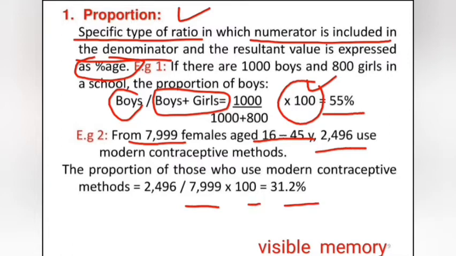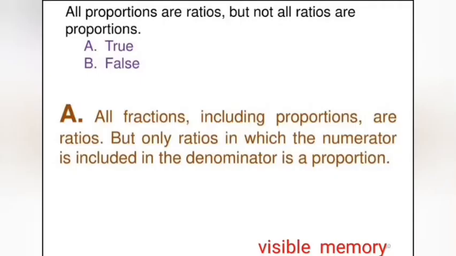The proportion tells us the percentage of the events, but the rate will tell us the exact number of events per 1,000. So all proportions are ratios, but not all ratios are proportions. So this is a true statement.